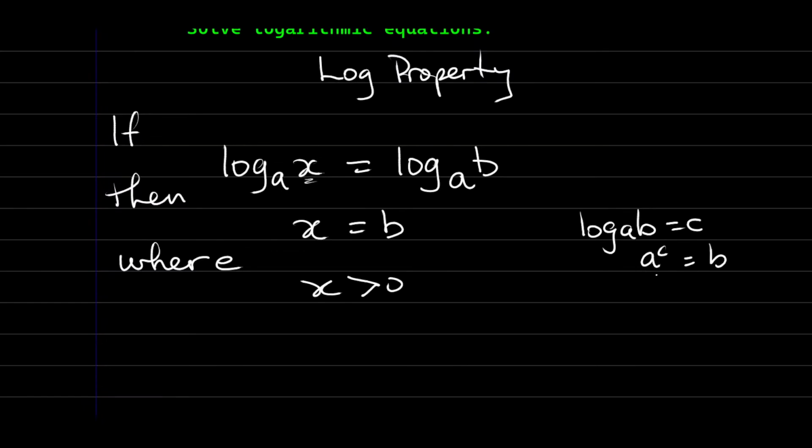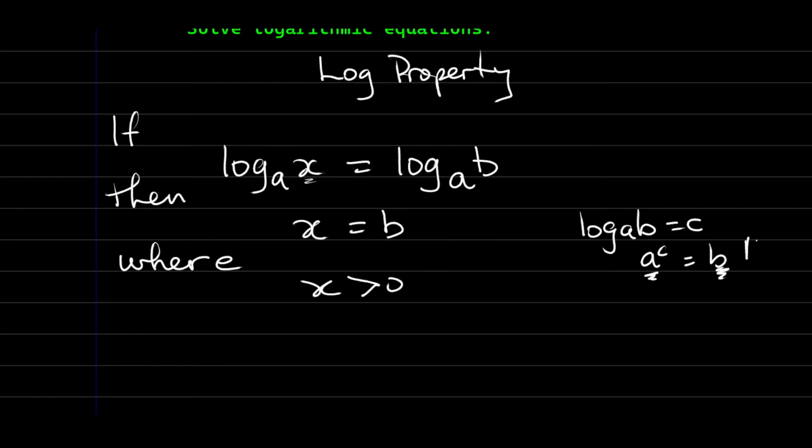Notice that the base is a, and the b is the result. It needs to be greater than 0, because a to the power of anything is always positive.